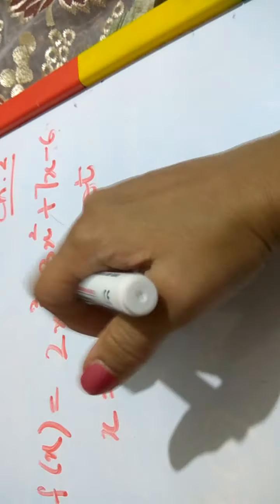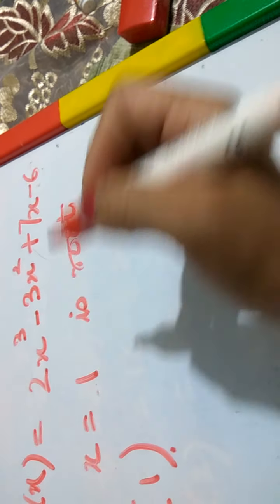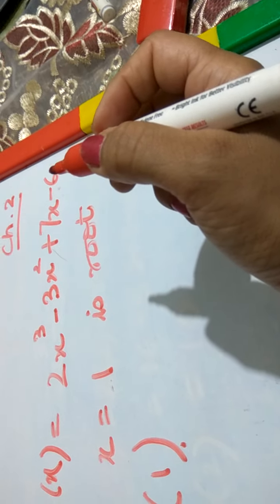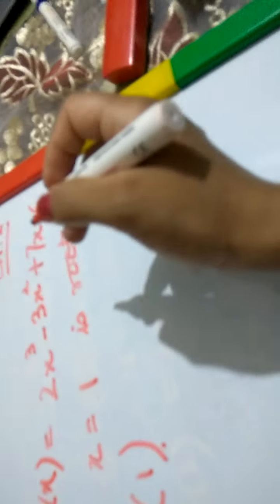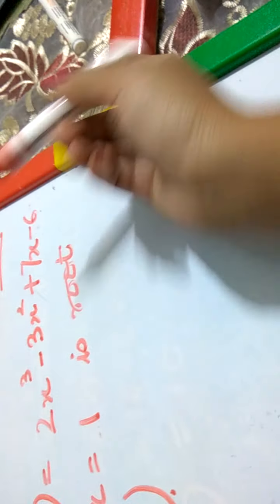Now to show that this is a root, we will substitute the value of x by 1. We will take f of 1 and find whether it is equal to 0 or not. A root means that value of x which will make the polynomial 0, and that is why it is also called the zero of the polynomial. So the name comes from there.